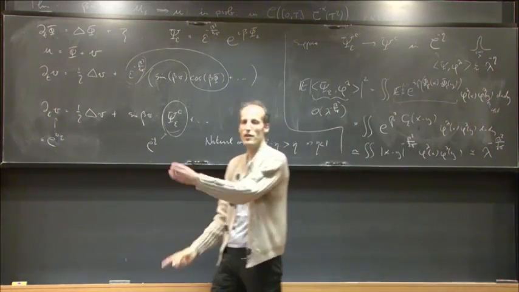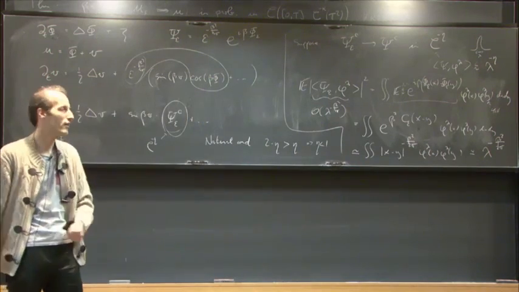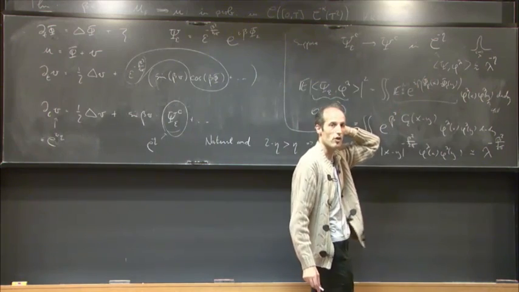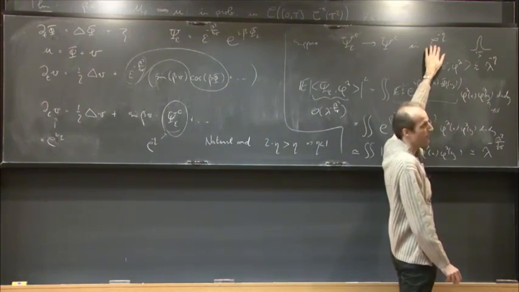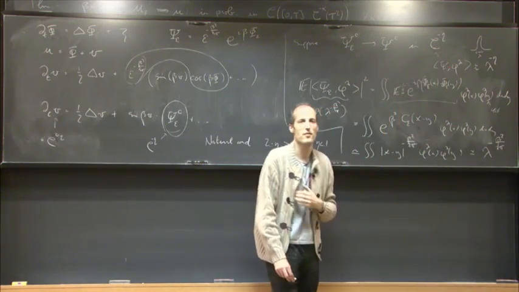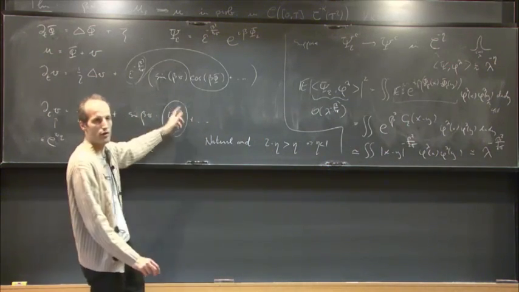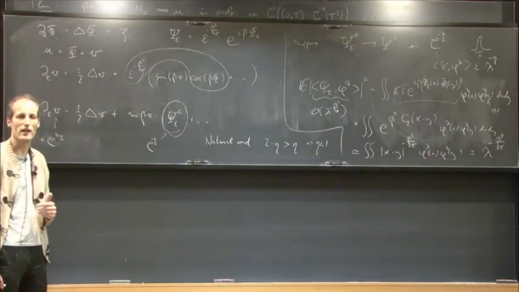So if beta square is less than 4 pi, then you can expect, at least from this second moment calculation, convergence in a space C minus eta for eta less than 1, and then you can just apply the usual normal PDE techniques.